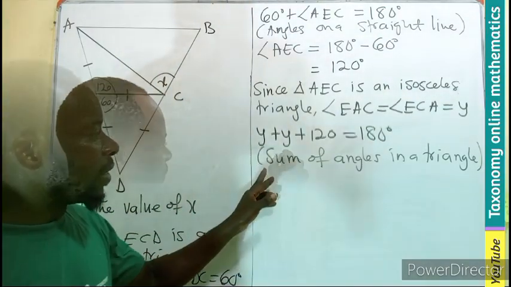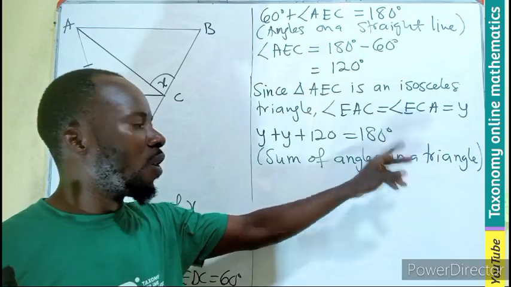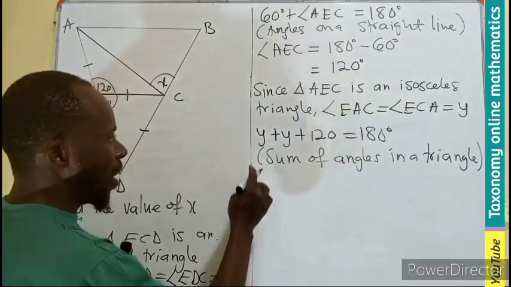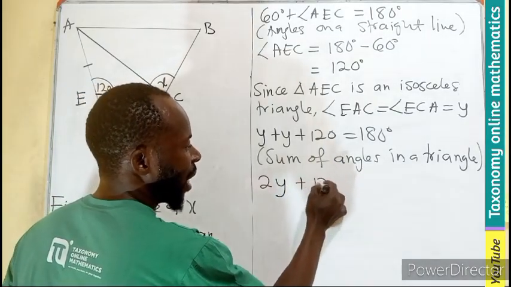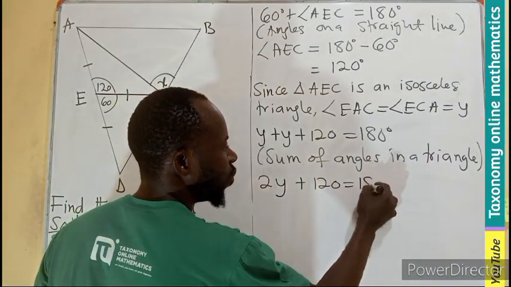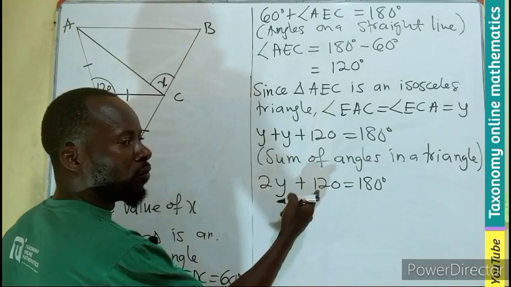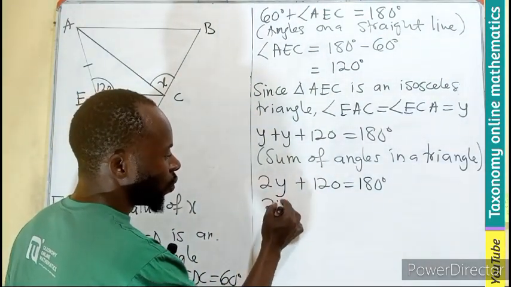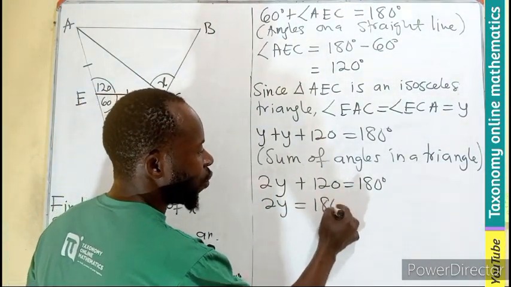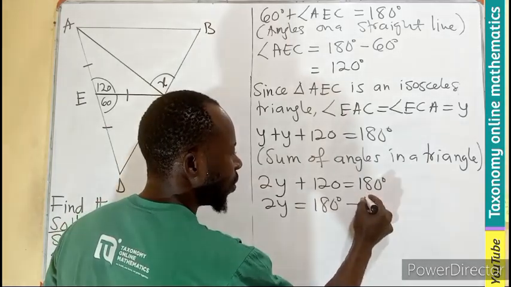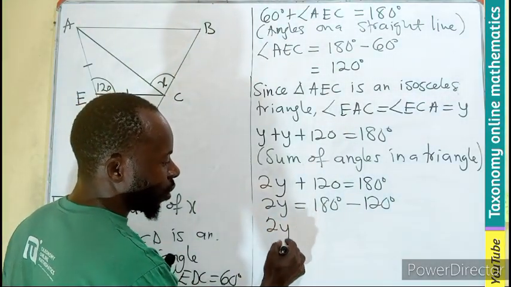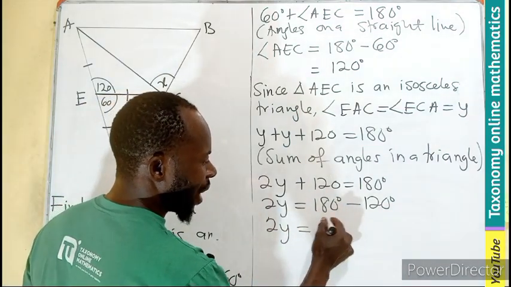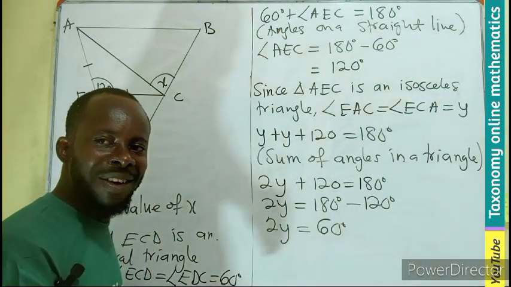So now this becomes 2Y plus 120 equals 180 degrees. Don't forget we subtract this. So 2Y will be 180 minus 120. Fast forward, 2Y will be equal to, I believe, 60 degrees, right?